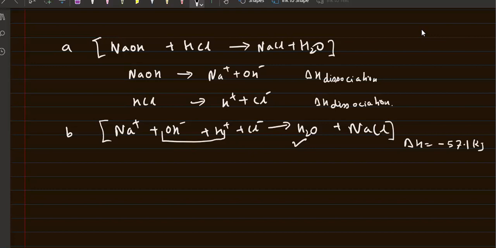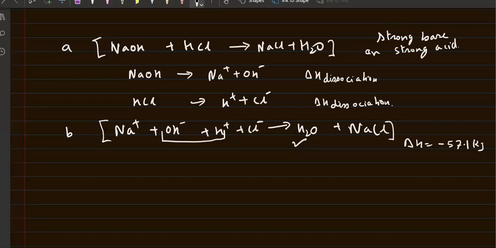in this particular example, NaOH and HCl, both are strong base and strong acid. So what's the definition of strong acid and strong base?